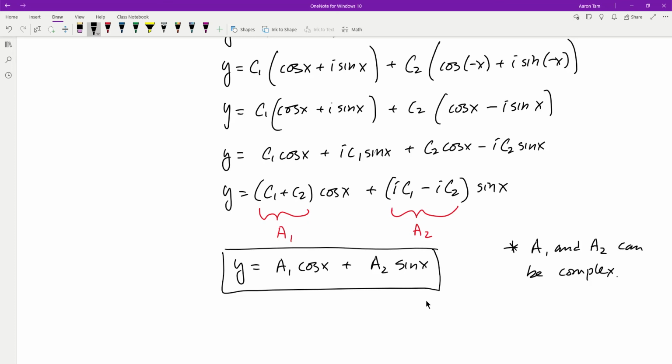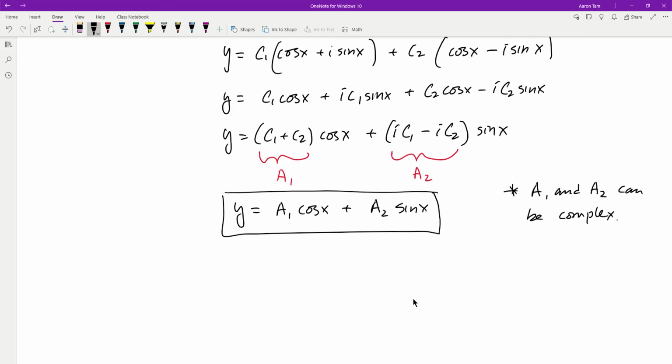Now, to see that this is true, let's show that a function in this form will satisfy our differential equation. How do I do that? Well, I need to find the second derivative, so I'm going to find my first derivative first. That will be negative A1 sine x plus A2 cosine x. If I differentiate one more time, y double prime becomes negative A1 cosine x minus A2 sine x.